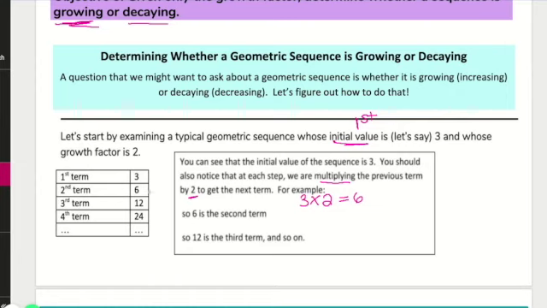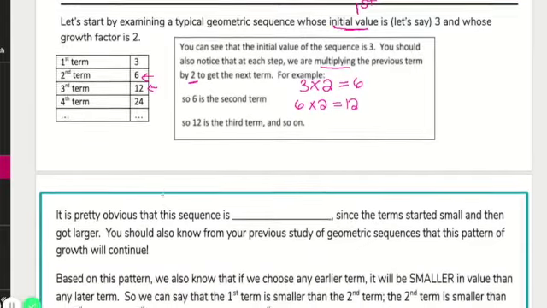So 6 is the second term over here. And now we have 6 times 2 is equal to 12. So 12 is the third term. Okay, and so on. So if we multiply 12 times 2, we would get 24.